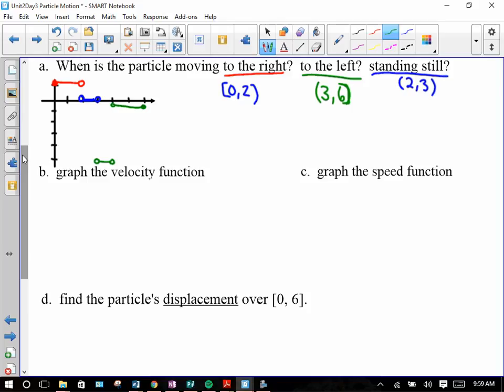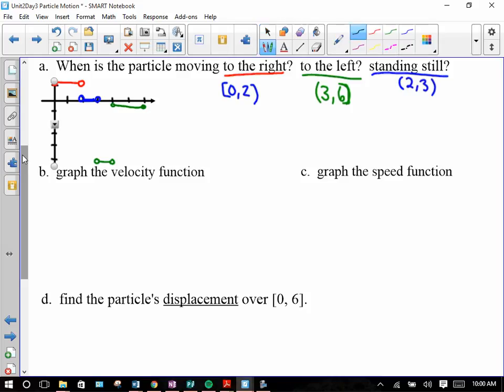Now we want to get the speed function. We know the relationship between speed and velocity: speed is the absolute value. So what are we going to do with each of these parts of the graph that have negative velocity? We just make it a positive number.